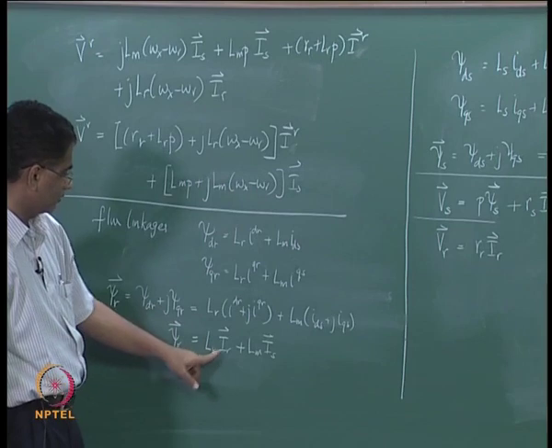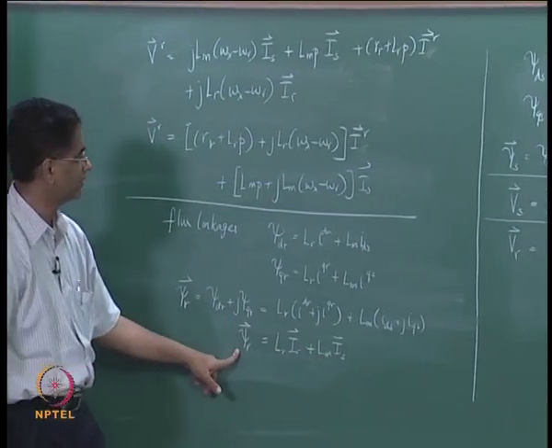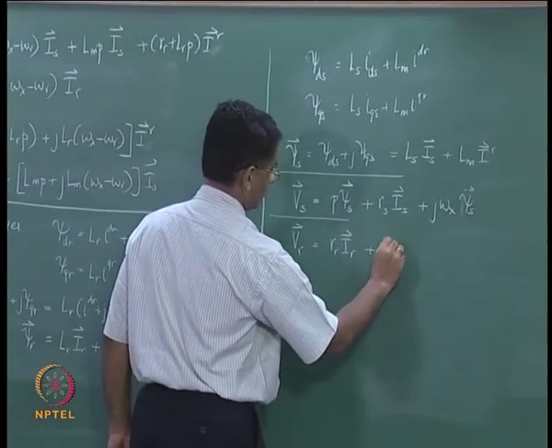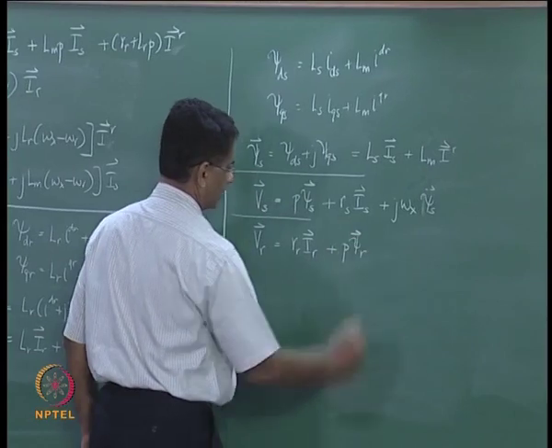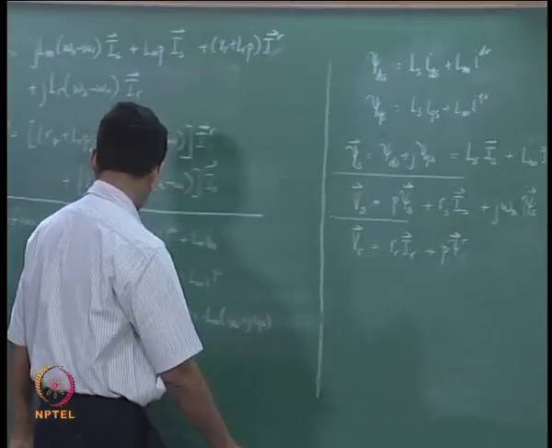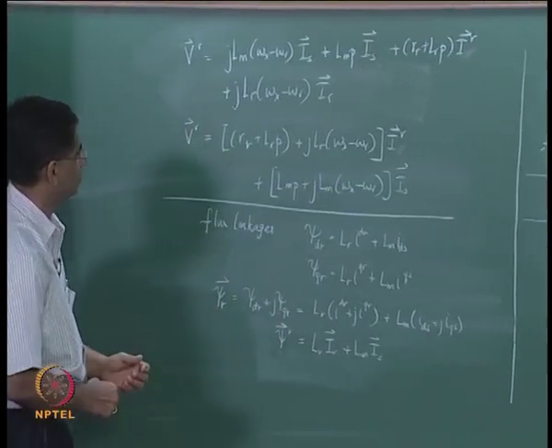So Lr into IR plus Lm into IS is nothing but the rotor flux vector, and therefore you have P times psi R. To be consistent with our notation, we were using this on top.